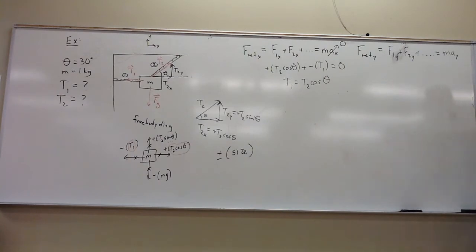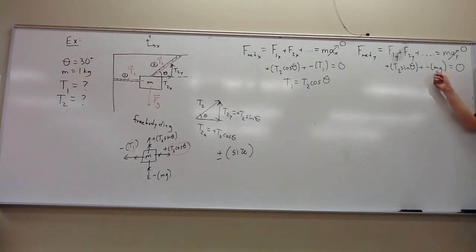Let's do the y direction. We got two competitors. We get one upward, and we have one that's downward. And again, what is the actual y acceleration that we want? It's 0. I know that might seem strange. What do we just use g for, the 9.8 meters per second squared? It's not actually doing that, but that's our weird way of getting the gravitational force.